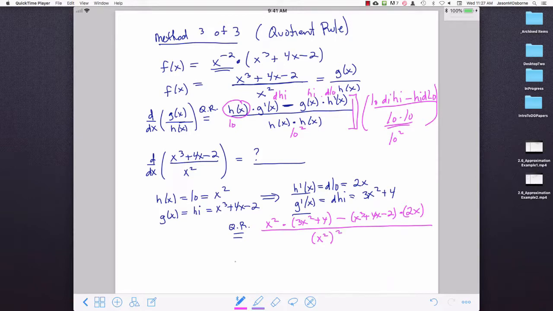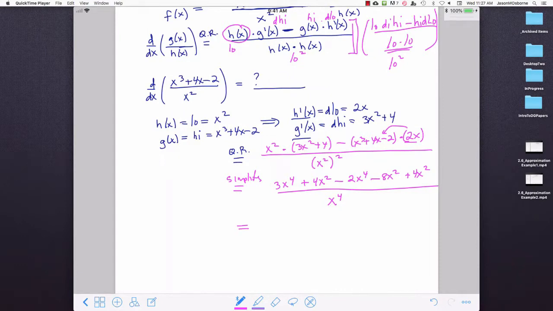Okay. And if you do a little bit of simplifying, you will get 3x to the fourth plus 4x squared minus 2x to the fourth, distributing the 2x now, minus 8x squared plus 4x squared, and all that is divided by x to the fourth.